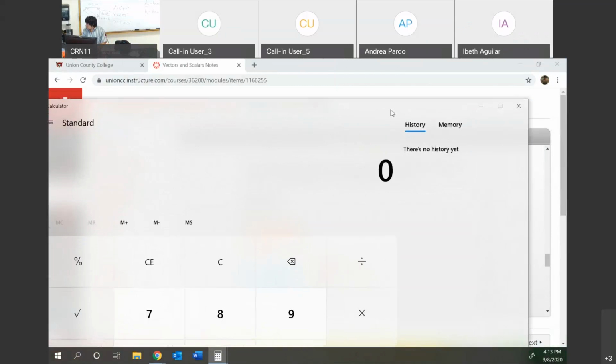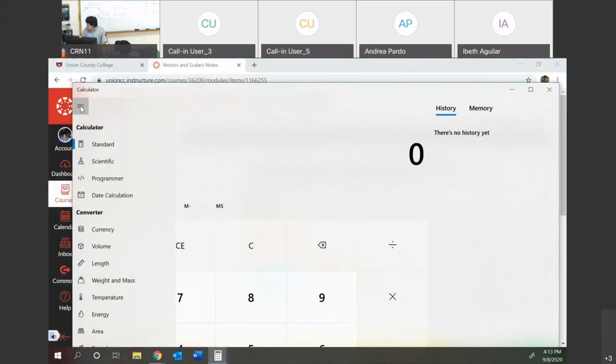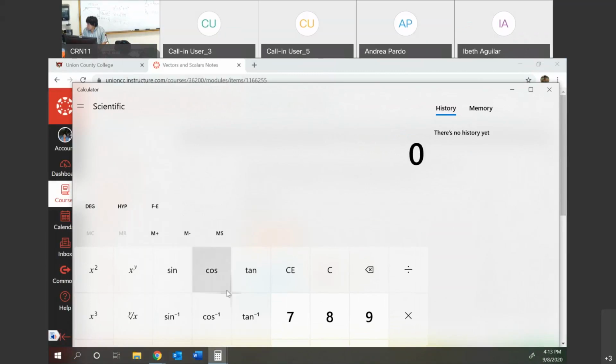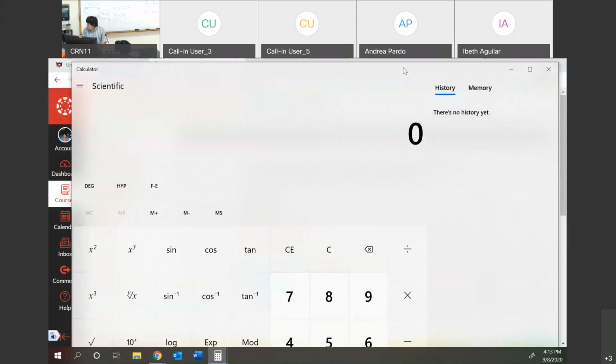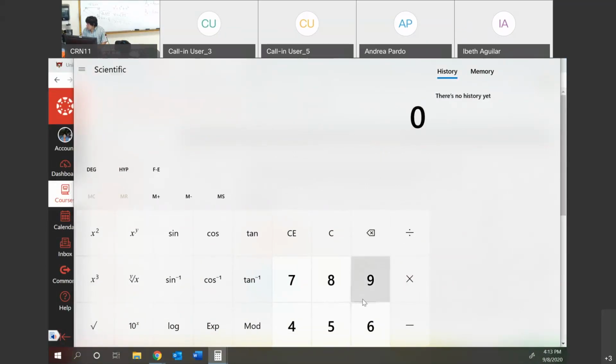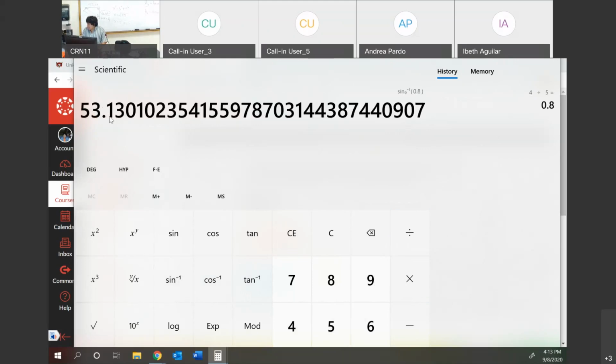You want to use a scientific one because this has the trigonometry, and then you say 4 divided by 5 gives me that, and then I do this, and I get the angle in degrees, so 53 degrees approximately. All right, so that's kind of like the only math that might be in here. I will probably just focus on the resultant.